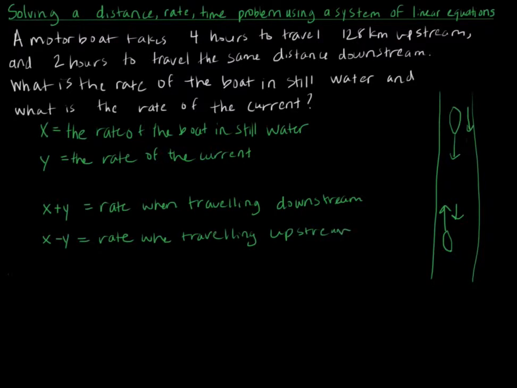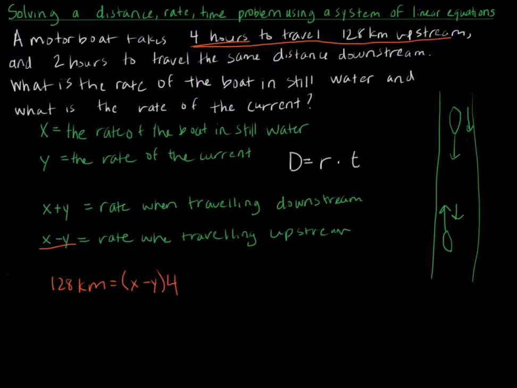Okay, so now we can use distance equals rate times time to create two equations, and then we can solve them. So the first equation says that it takes 4 hours to travel 128 kilometers upstream. So when we're traveling upstream, distance is 128 kilometers equals rate, which is going to be x minus y, times time, which is 4 hours.